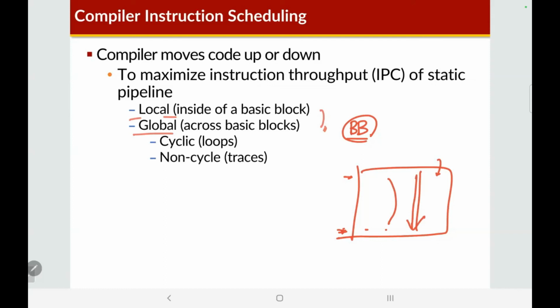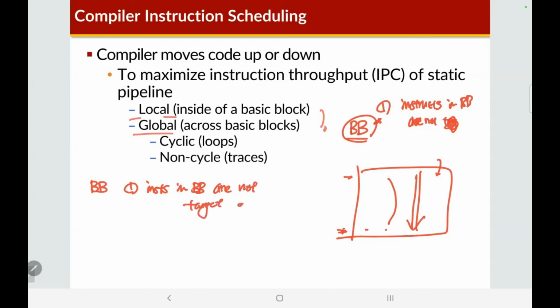The definition of the basic block is that the instructions in the basic block are not the target of a branch or jump, except the first instruction.